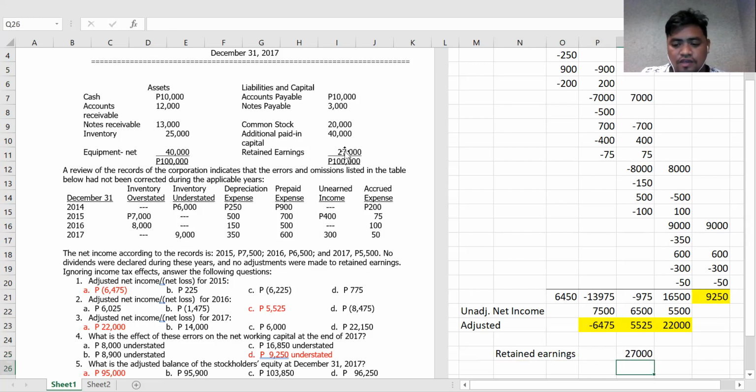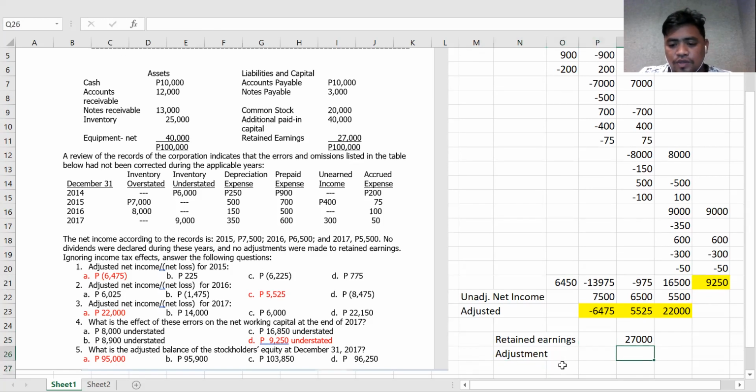And then the effect of all the adjustments for errors from 2014 to 2017 would be 8,000.